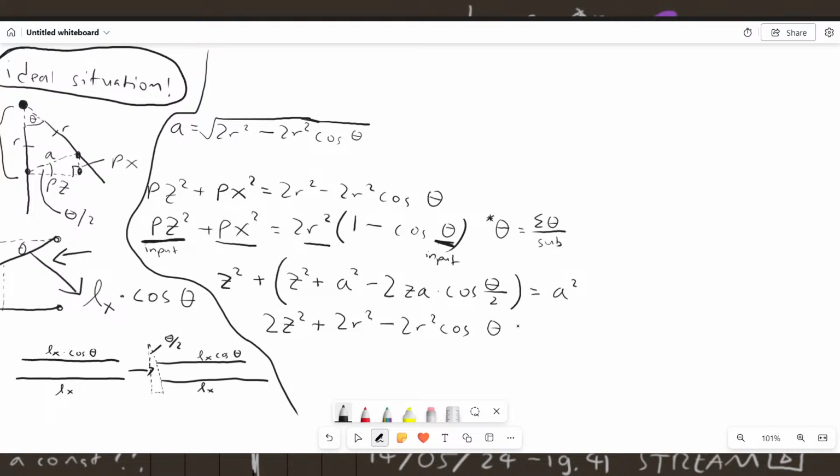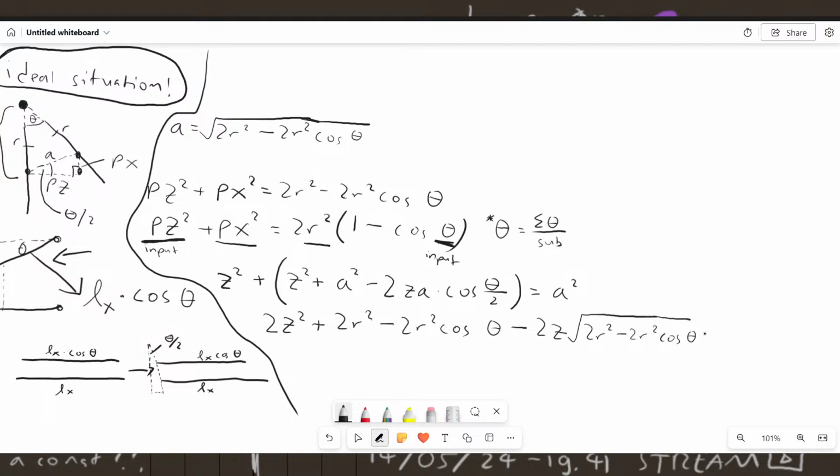And then all this is minus 2z, a is that, so the square root of 2r squared minus 2r squared cosine theta.